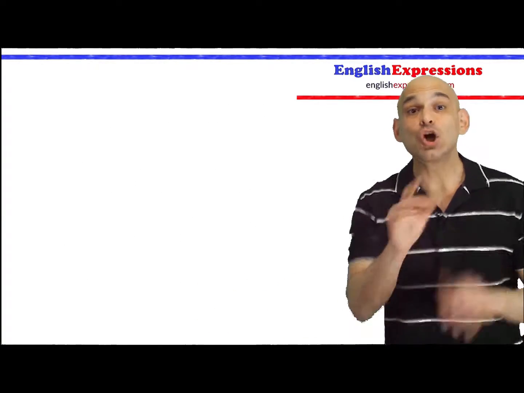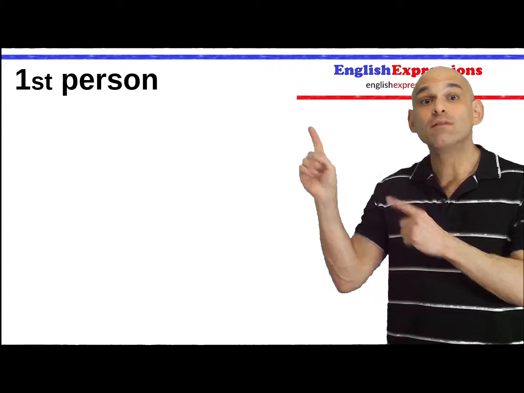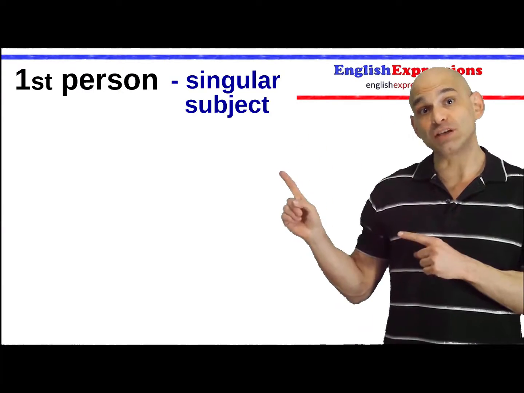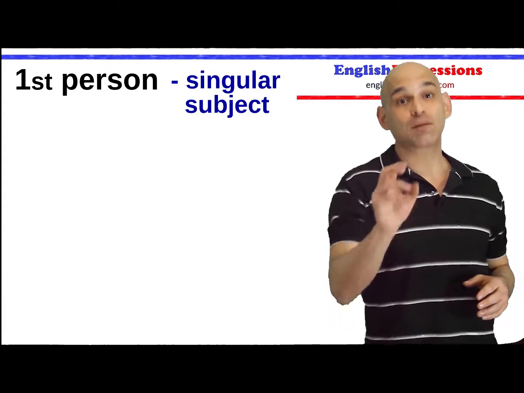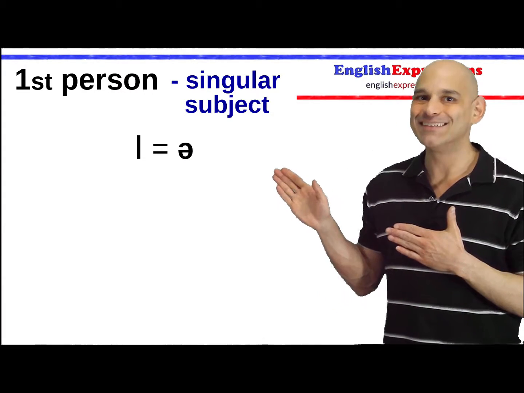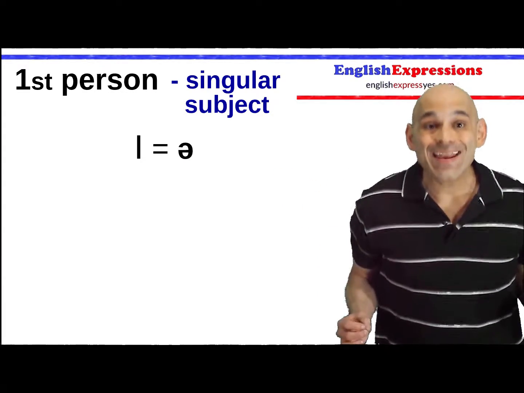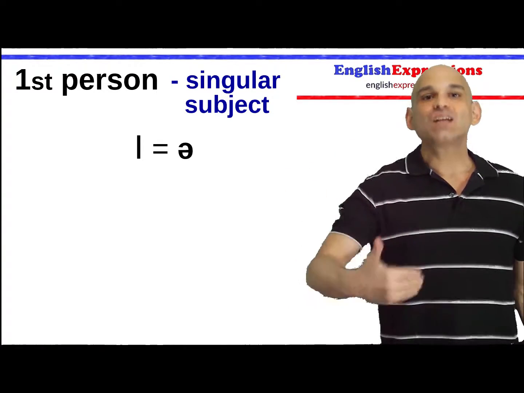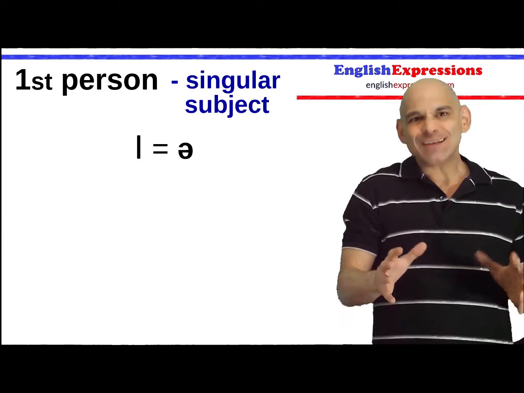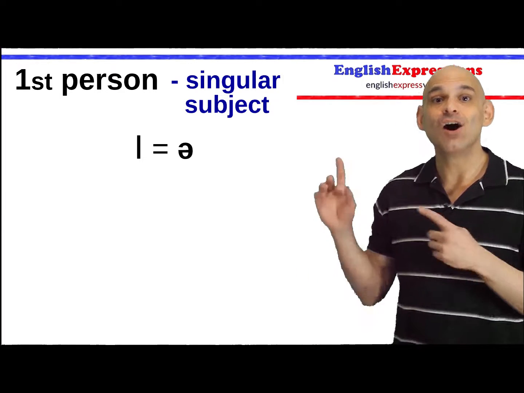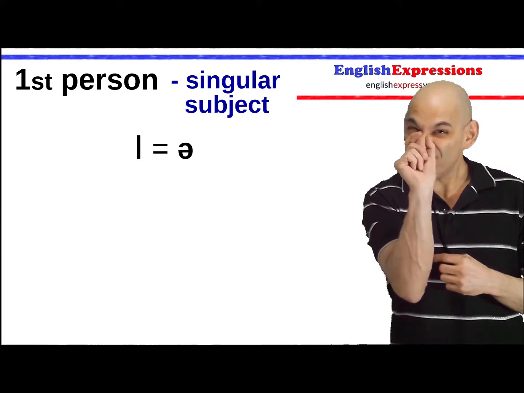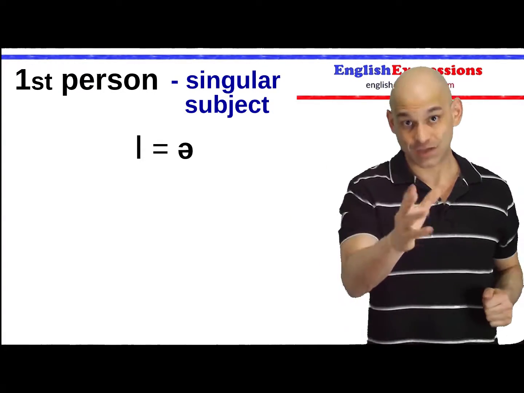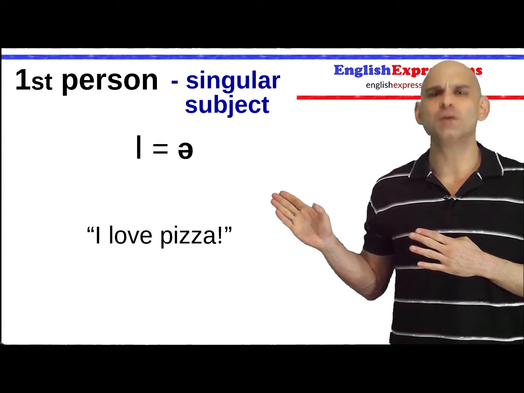All right, let's look at first person pronouns. And first we're going to look at the first person singular subject pronoun, I. Now, when I is at the beginning of a sentence, native English speakers usually just say schwa, and it's very short. They just say schwa instead of I. For example, I love pizza.